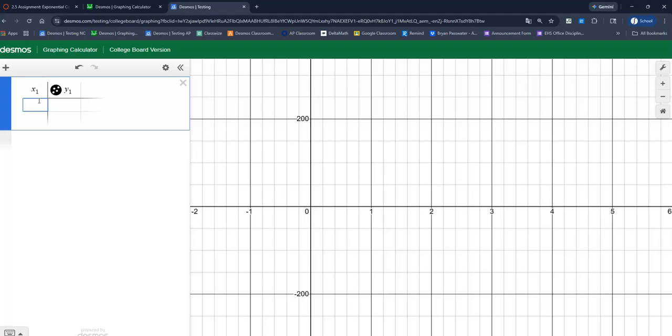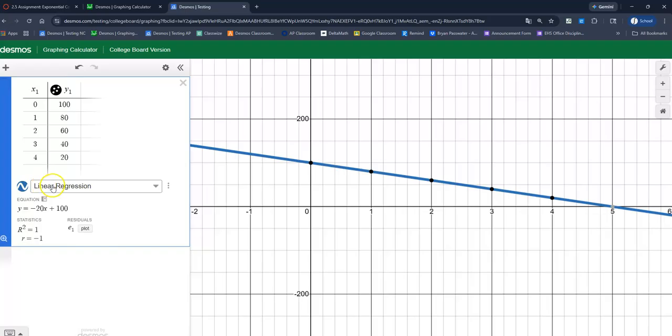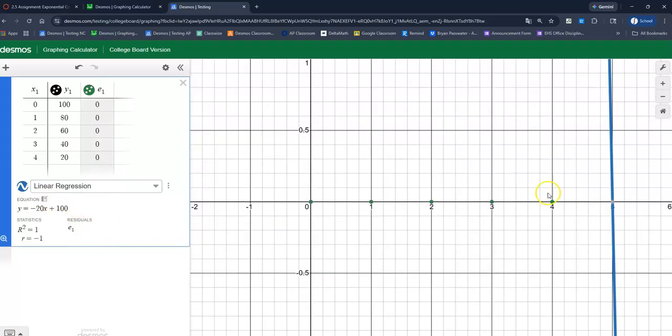Like, if I have 0, 1, 2, 3, 4, and I do, like, 100, 80, 60, 40, 20, right? This is a perfect line. So if I do my linear regression, I get an r-squared value of 1. That's a good sign. But if you do your residual plot for that one, just everything's right on the line. So if you get a residual plot that looks like that, then your fit was perfect for that. Good question.